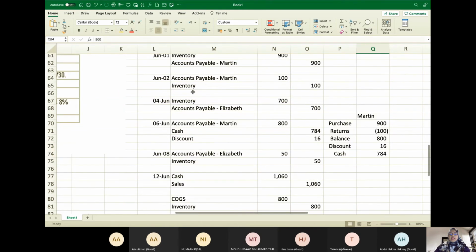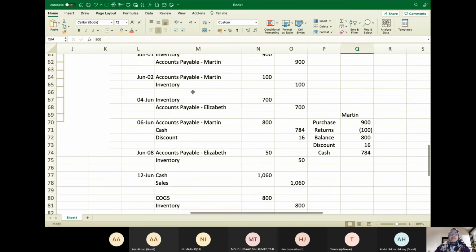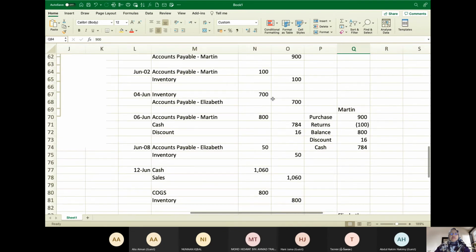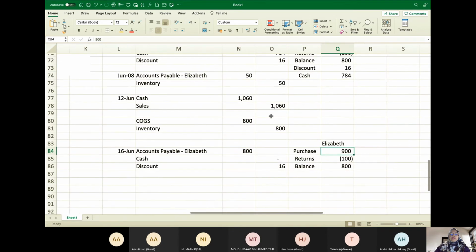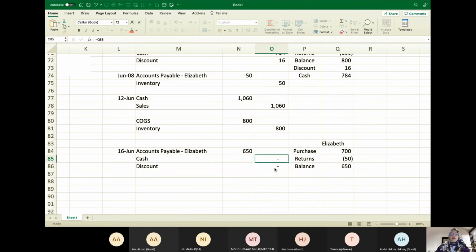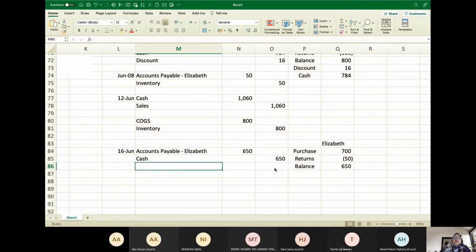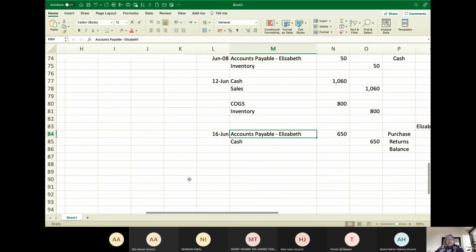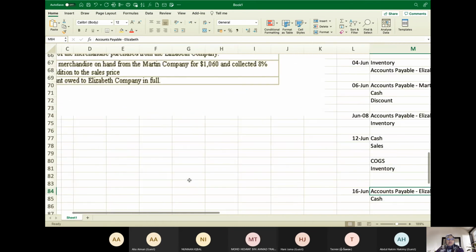Initially, you purchased from Elizabeth 700. And then you returned 50. So 700 minus 50, the balance is 650. So there's no discount, but you're going to pay in full, 650. All right. Does that make sense? Understand the transaction?